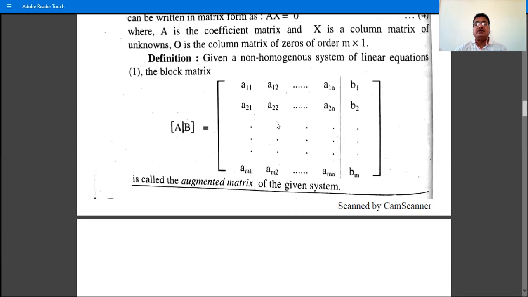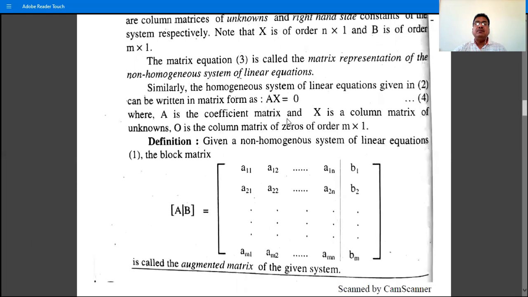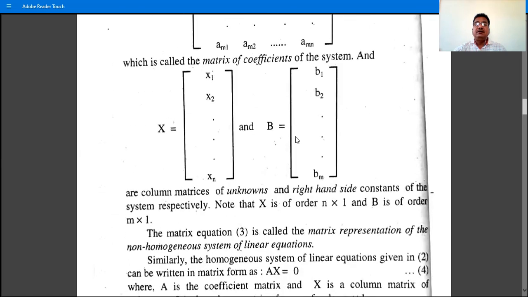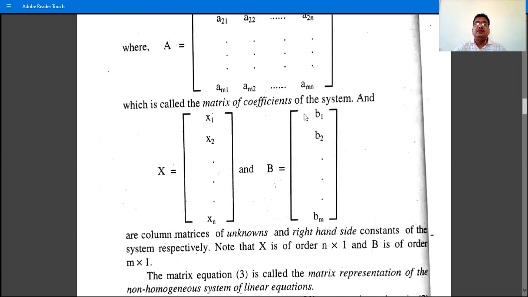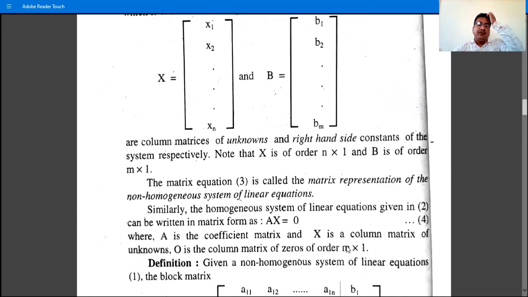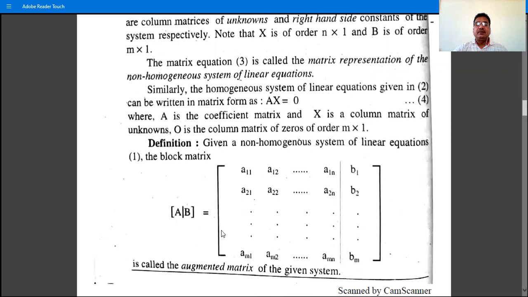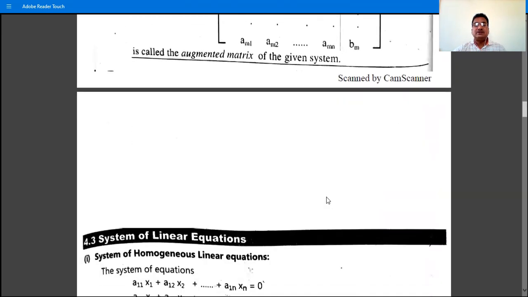We can denote the notation for augmented matrix as a square bracket or round bracket A, line B, then bracket complete. This is the notation for augmented matrix, that is the combination of A, the matrix of coefficients, and B, the matrix of constants. The combination of these two is called the augmented matrix of the given system.